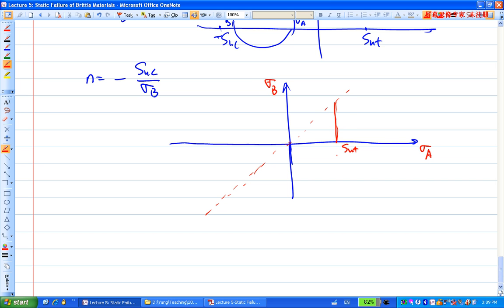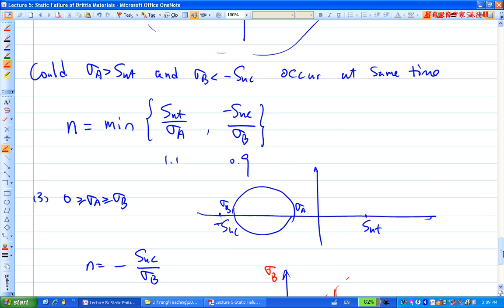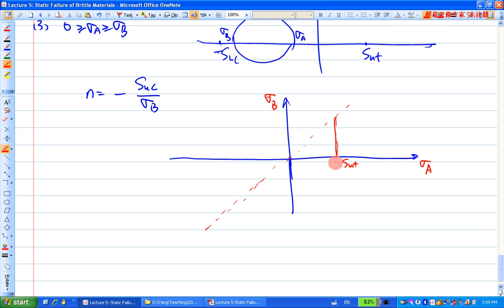And the second case: you're comparing this and taking the minimum value. So what you have here is a boundary like this, and the last side of the boundary is over here, the case number 3.